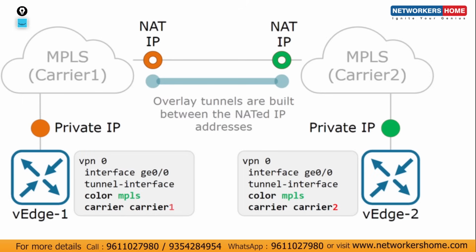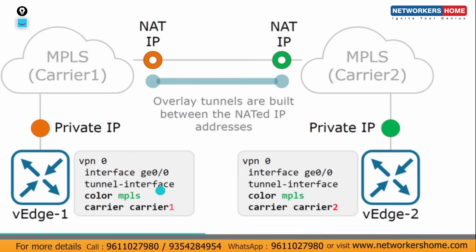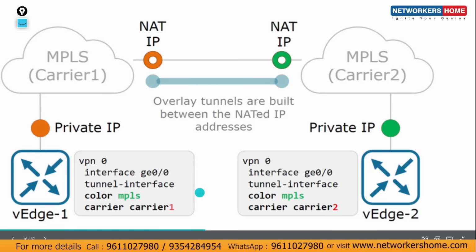So let's see what it is. What is happening is that I have selected on this particular interface carrier 1 and here carrier 2. By default, if you want to form a tunnel over public IP even if it is using a private color, you can use the same carrier.